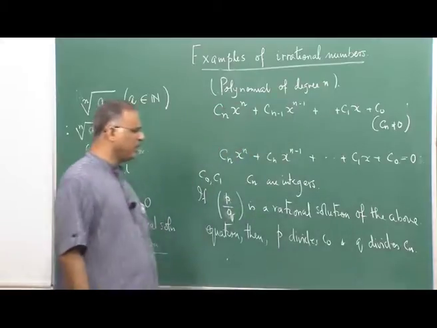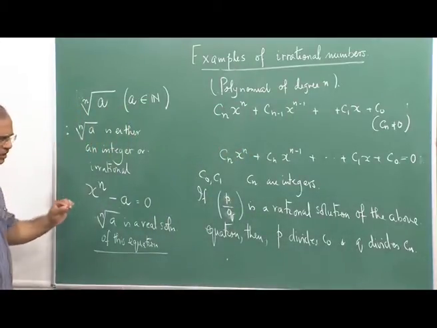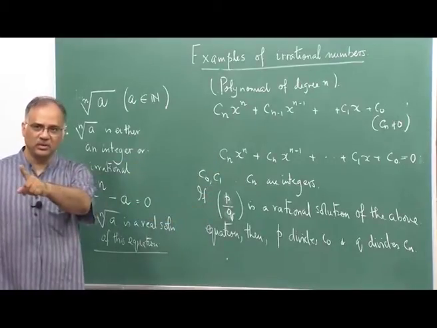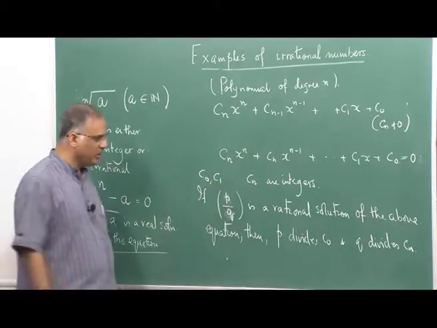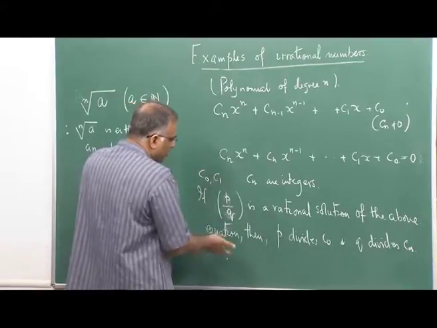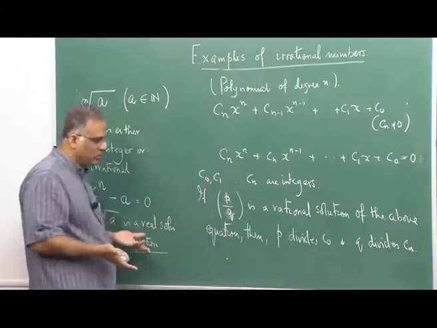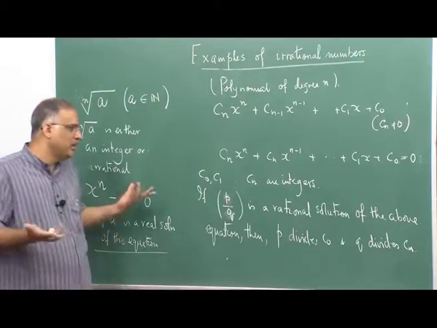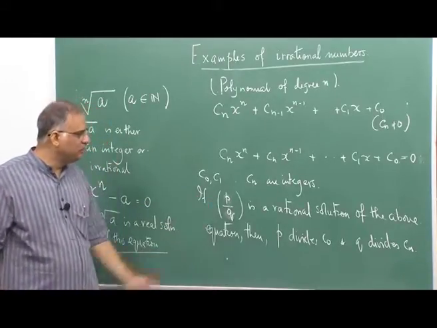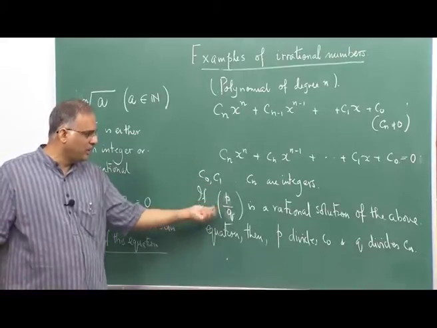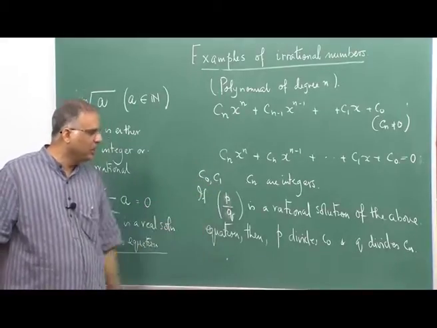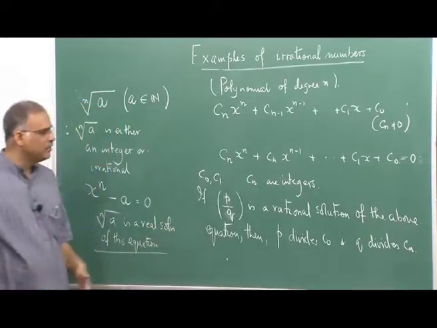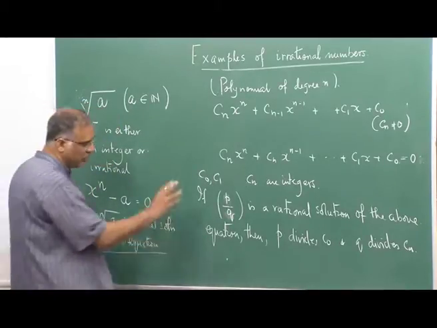From this we can make a very interesting conclusion: if Cn is equal to 1, then Q must also be 1, because no other integer can divide 1. So, 1 or minus 1, it does not matter. Subsuming the sign of Q in P, you will have P by 1, and so this is an integer.